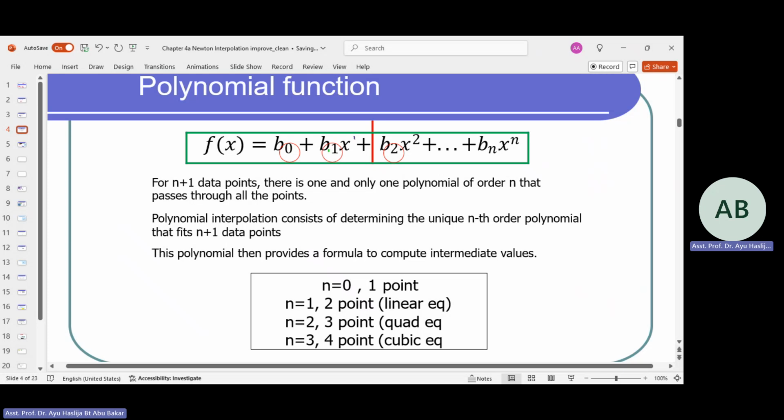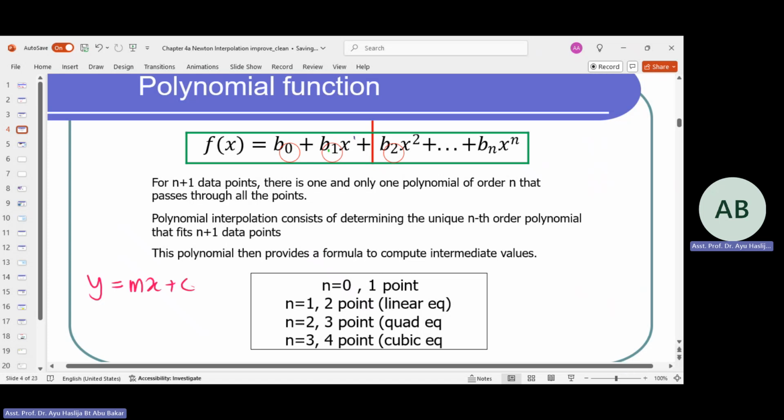For the polynomial function, this is the basic one, where you have b0, b1 x power 1. Power 1 means linear. Let's say you have a linear function, which is mx plus c.